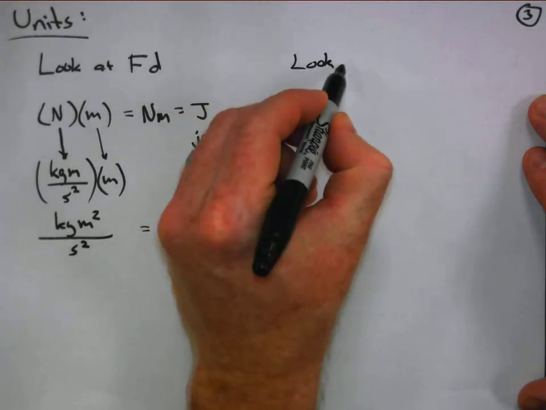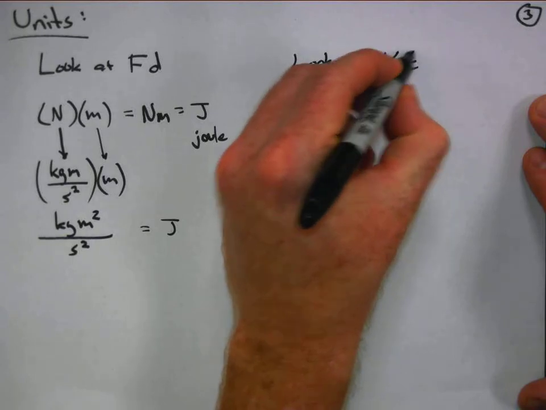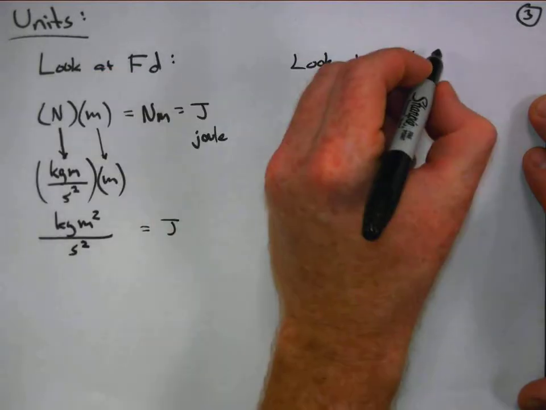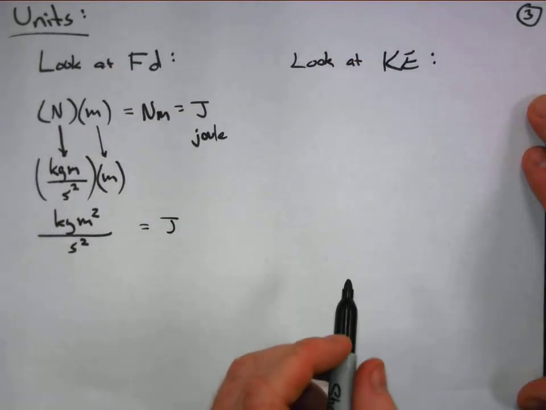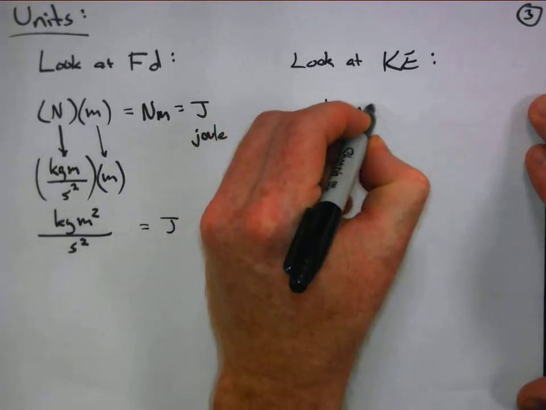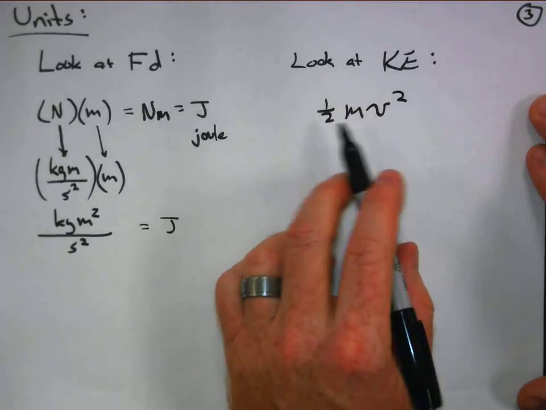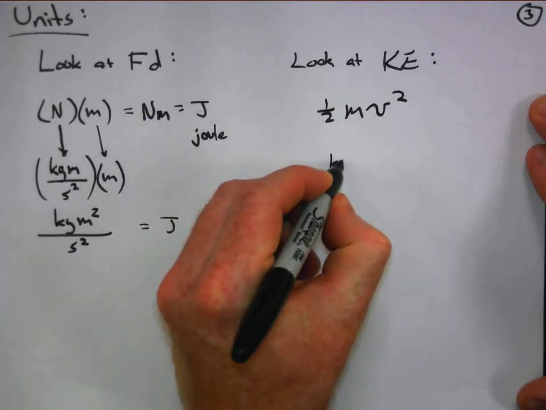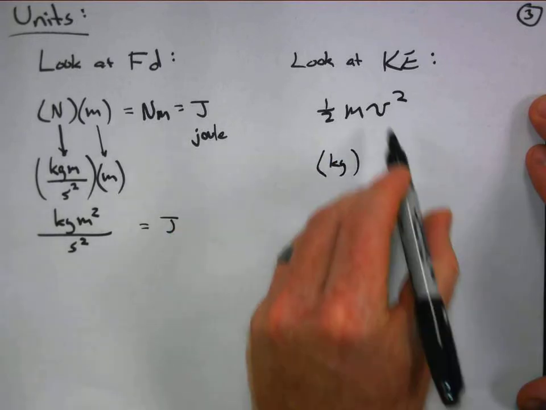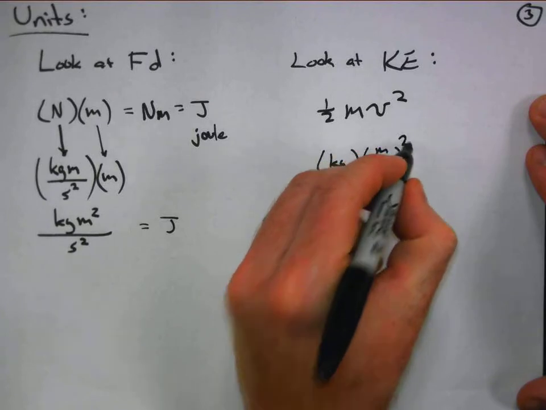So we're going to look at the kinetic energy side. Make sure I keep this nice and organized for you. Kinetic energy is 1/2 mass times velocity squared. Well, the 1/2 has no units. Mass has units of kilogram. Velocity squared, well, that's meters per second, and that's all squared.